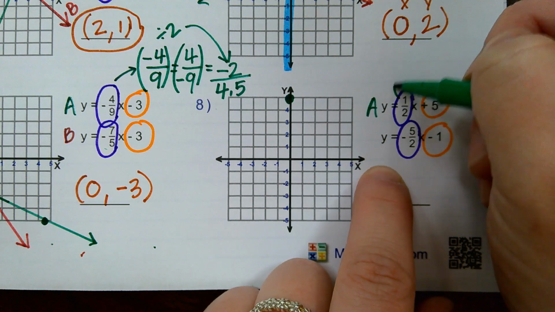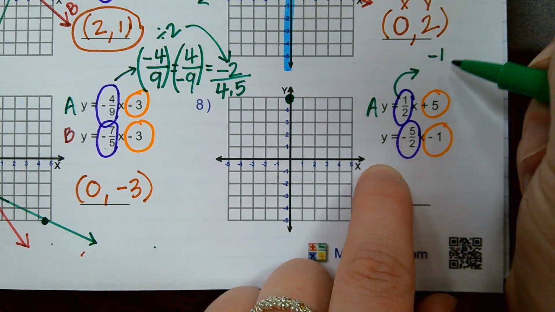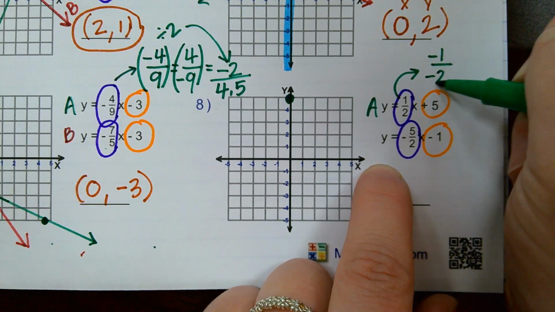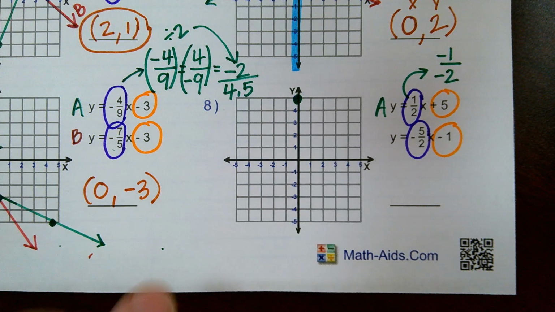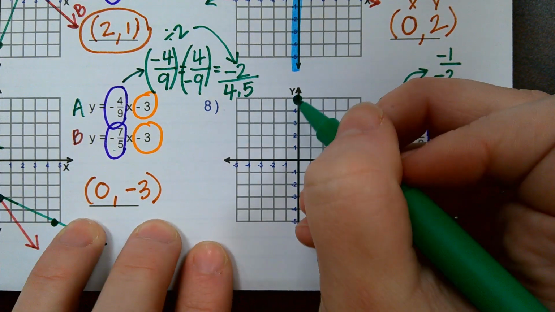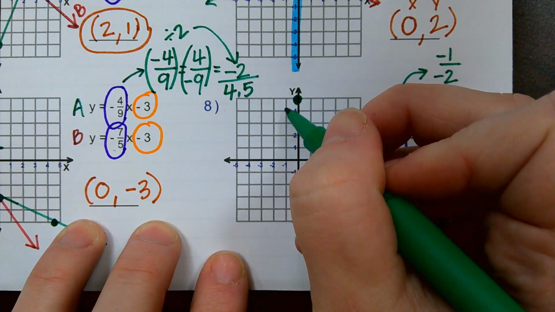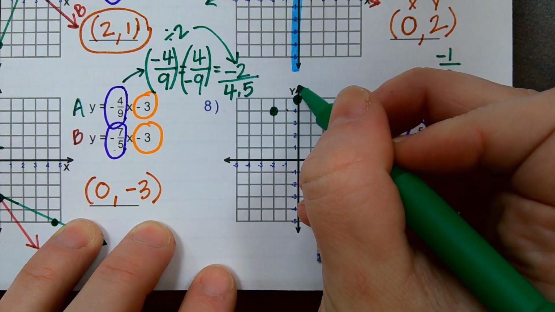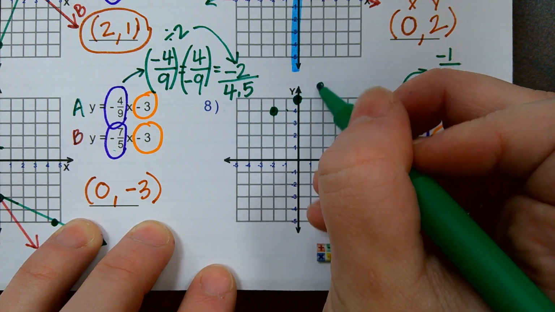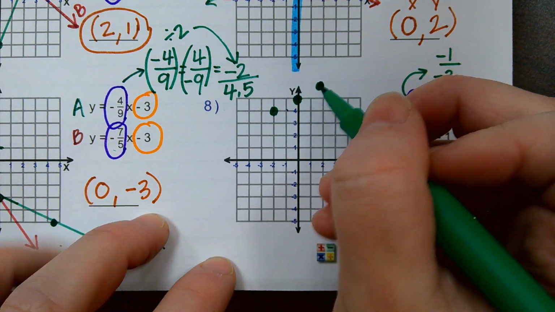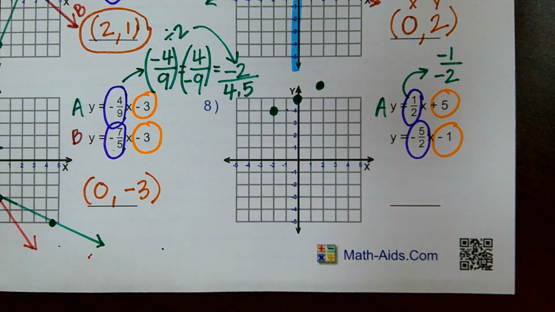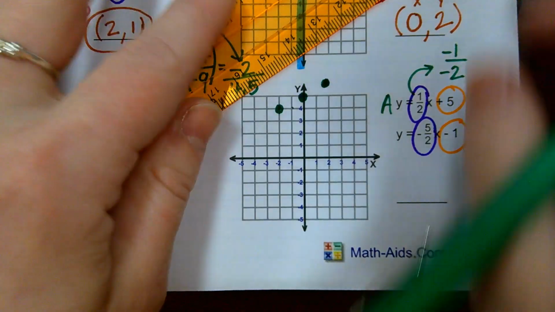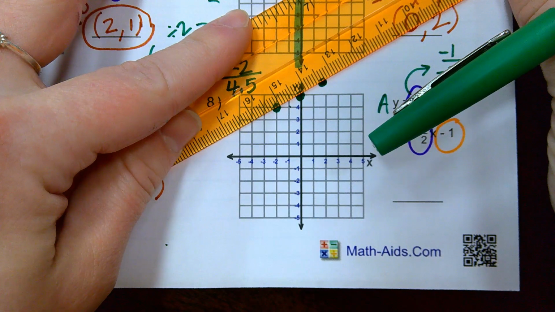Or we could make them both negative, down 1 over 2 to the left. So let's try that. Either way, here's the up 1, here's the over 2. You're going to get the same line. It works.